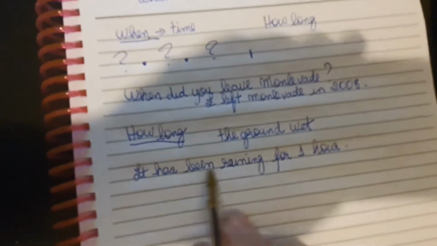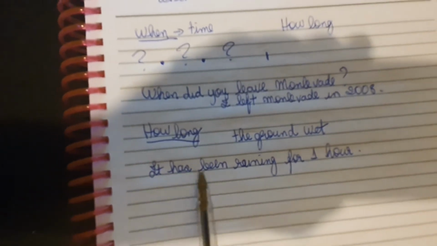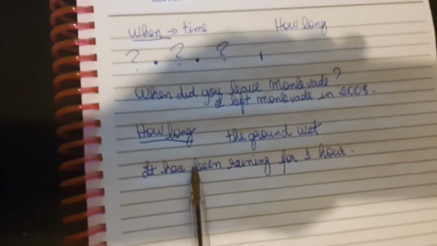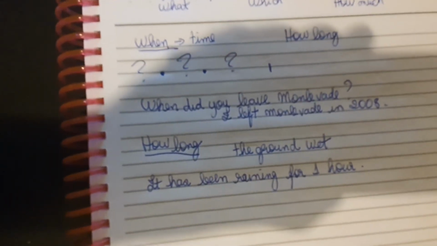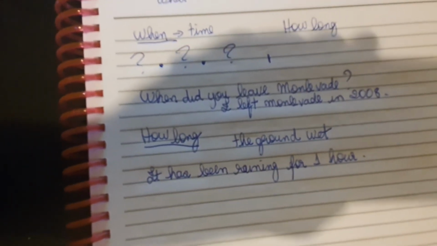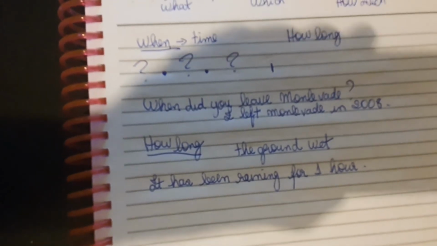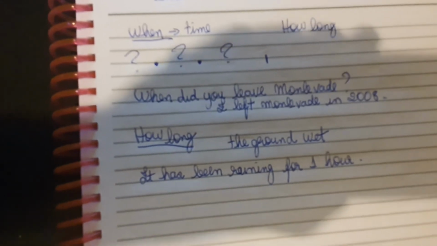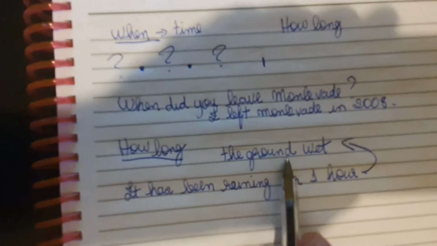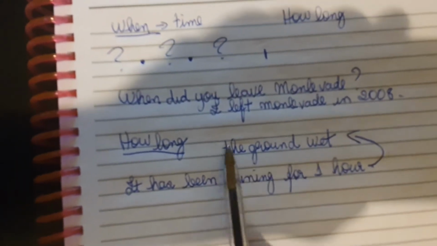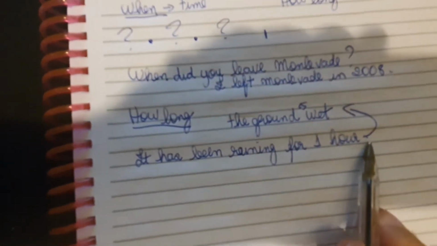It has been raining for 1 hour, and now the ground is wet. Although the expression refers to a period of time in the past, it was a continuous action that happened in the past, but it's not past, it's near present, and it has connection with the present here because the ground is wet. So it has been raining for 1 hour.